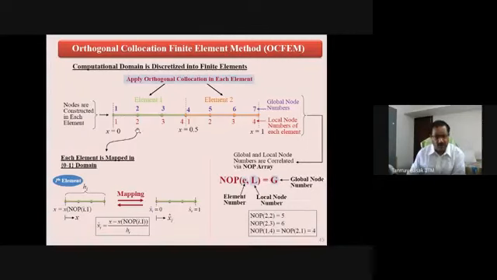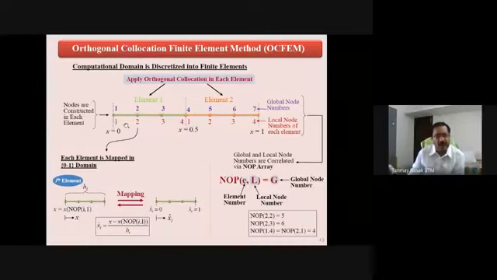This is the first time you are introducing the finite element method, so you will see a lot of mapping. The nodes are concentrated in each element, shown in violet, red, and green colors. The total domain has length 1, and each element has length 0.5.